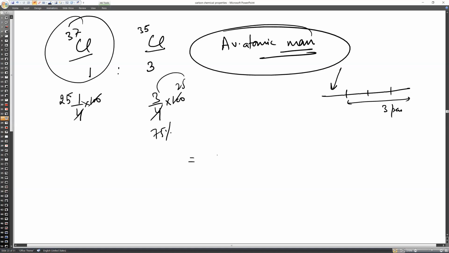Calculate it. If it is 25%, this is 25 upon 100 into 37 plus 75 upon 100 into 35, the mass of the second. Calculate it. Galvin, are you getting it? Yes, sir. And Riyaz, you? Yes, sir.